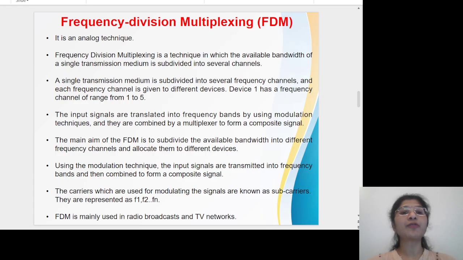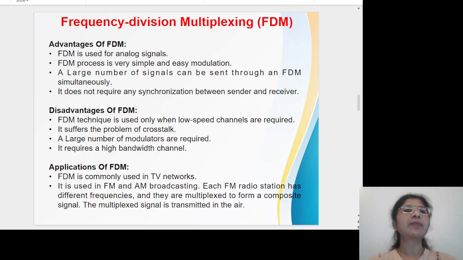The main aim of this type of multiplexing is to subdivide the available bandwidth into different frequency channels and allocate them to different devices. Examples of FDM are radio broadcasting and TV networks. These are basically the advantages, disadvantages, and applications of FDM.